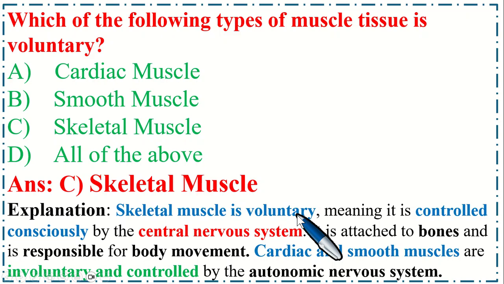Skeletal muscle is voluntary, meaning it is controlled consciously by the central nervous system. It is attached to bones and responsible for body movement. Cardiac and smooth muscles are involuntary and controlled by the autonomic nervous system.